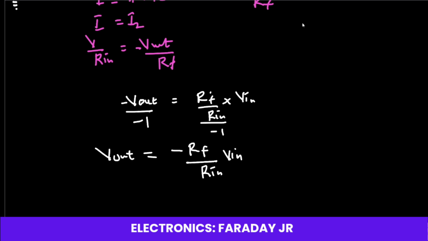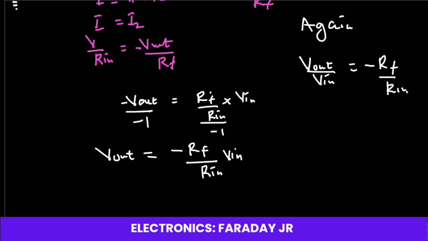Okay. You can also be told to calculate the gain of the amplifier, the negative feedback amplifier, by knowing that gain is always equal to V out over V in. So we can see that V out over V in is equal to minus RF divided by R in. Okay.